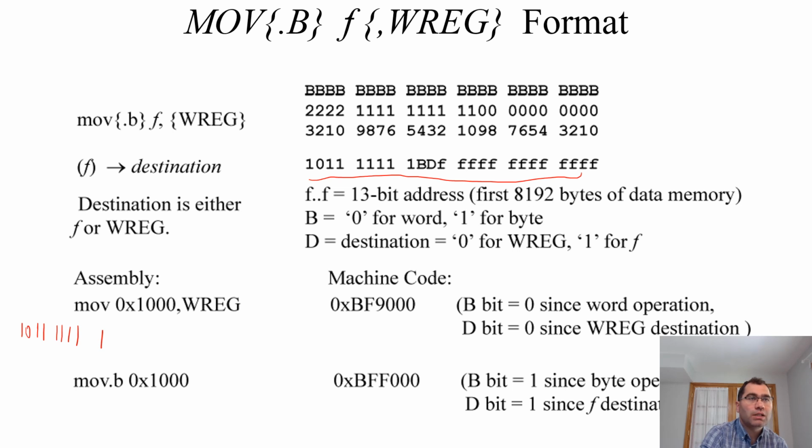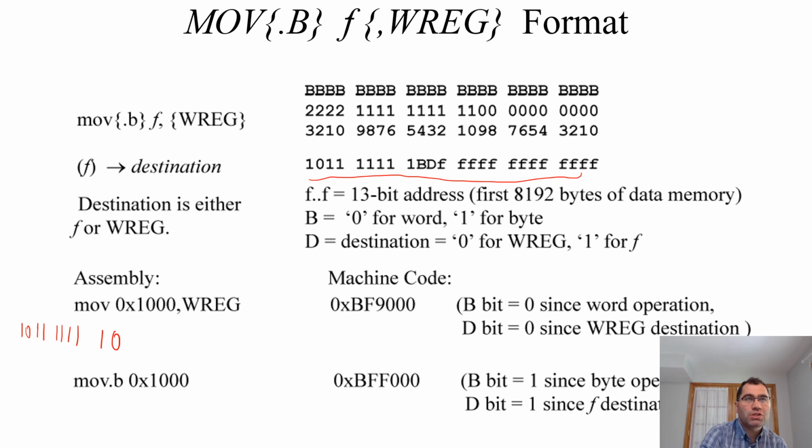This one is not a byte operation, so if it is a word operation, then it's going to be 0. And the destination is 0 for WREG and 1 for F. Here, what's the destination? It's WREG, right?